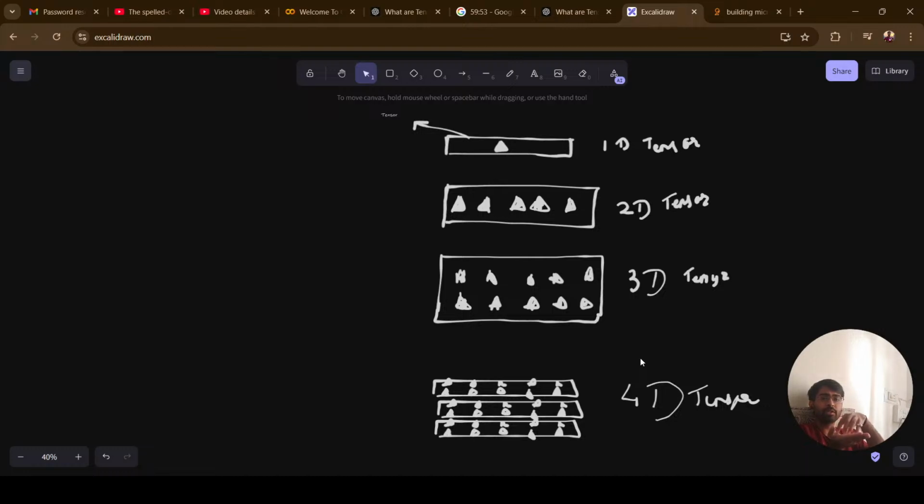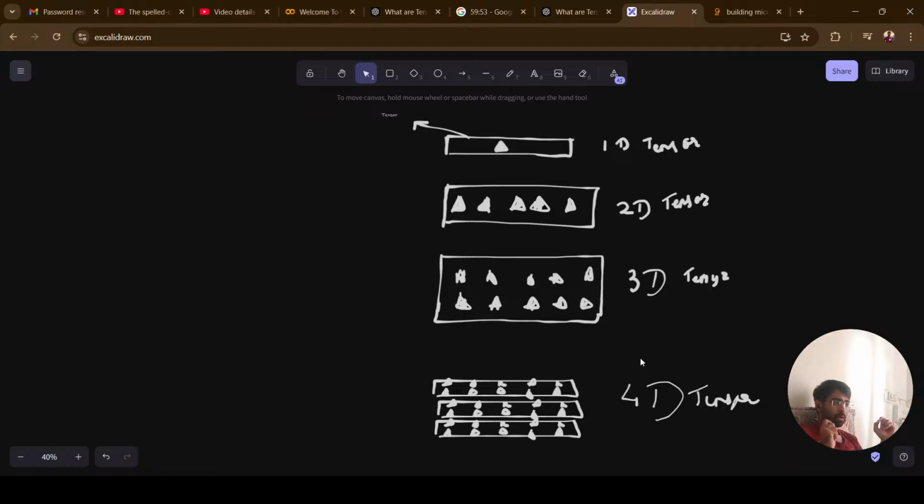It helps us perform operations on this, because you cannot just give four slices of pizza to everyone. You put them in a box, so that box helps us to organize those pizza slices. Similarly, tensors help us to organize data points.